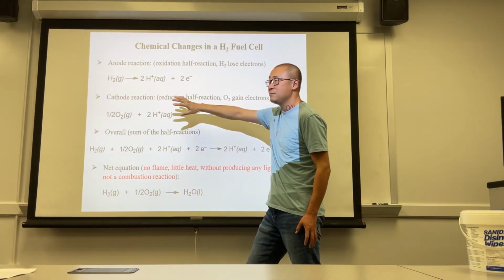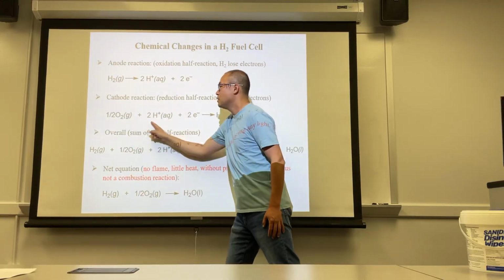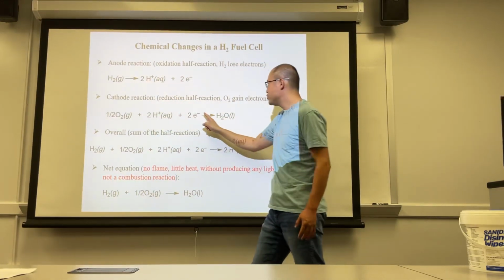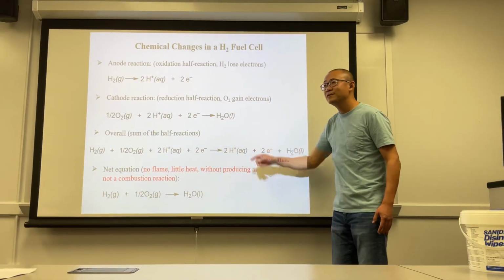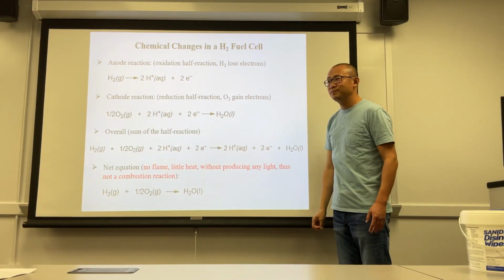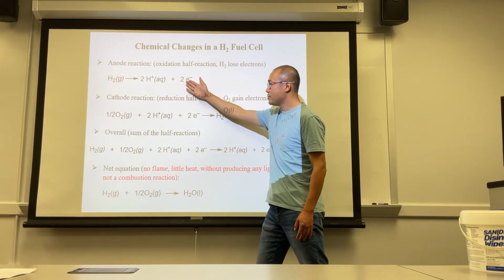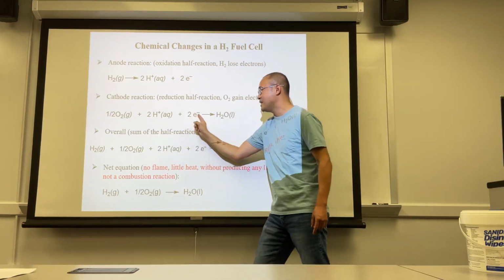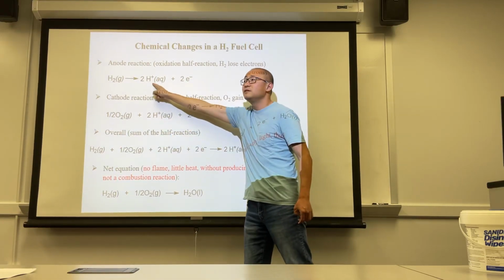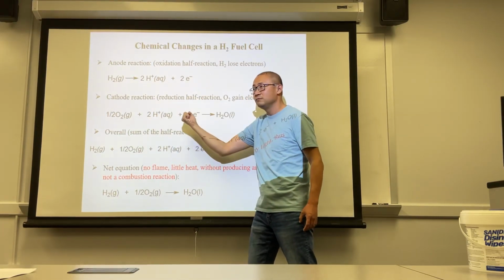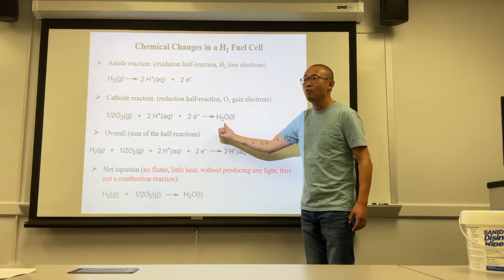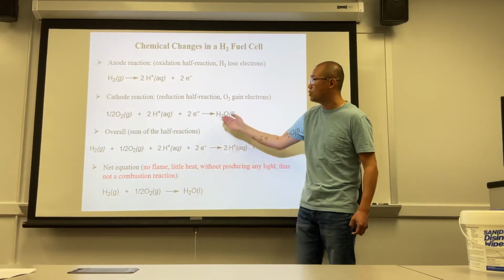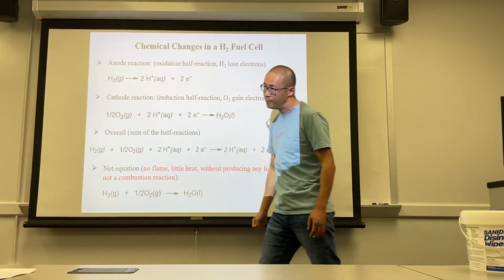In the meantime, after gaining electrons, it will combine with those 2 H+ to generate water. Losing electrons, gaining electrons. Not only does it gain the electrons, but it also gains those 2 H+, altogether becoming water. And we call this half reaction the reduction half reaction. Of course, that's the cathode reaction.